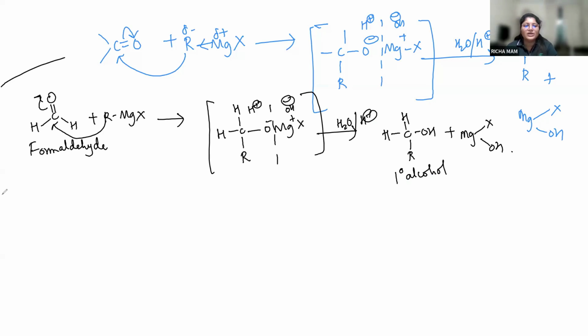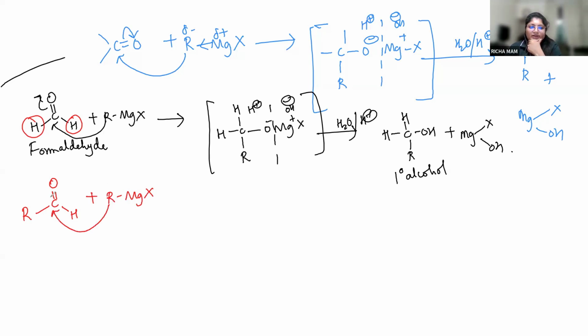Next, I'll take an aldehyde. One group will be R, another will be H. In formaldehyde, both are hydrogens. Here we have taken one as an alkyl group. React it with RMgX, students.